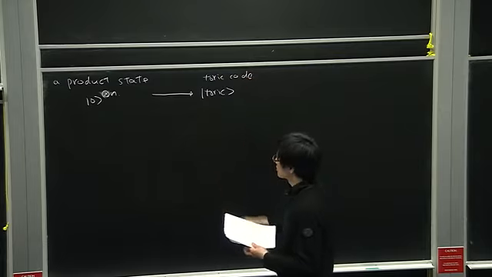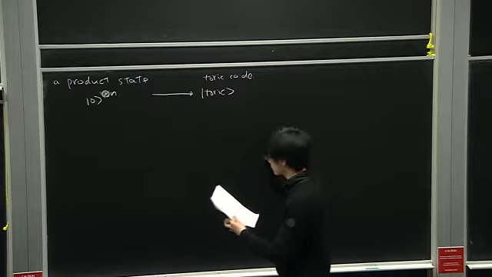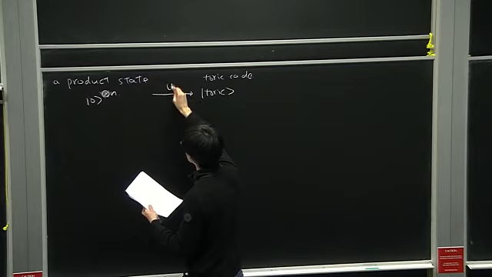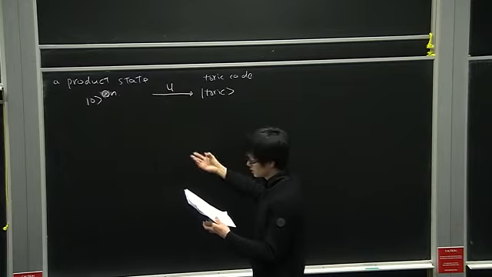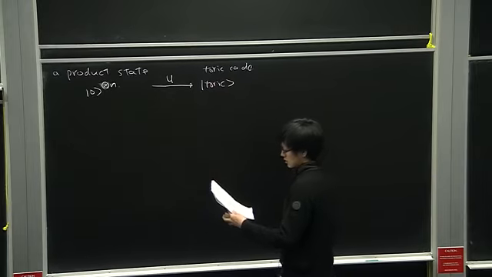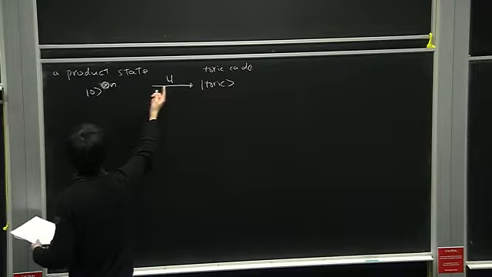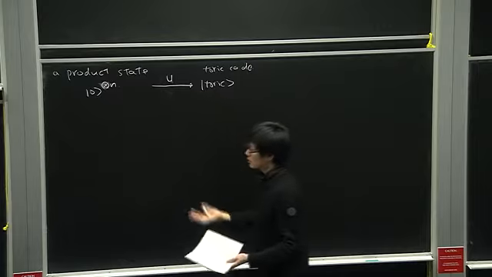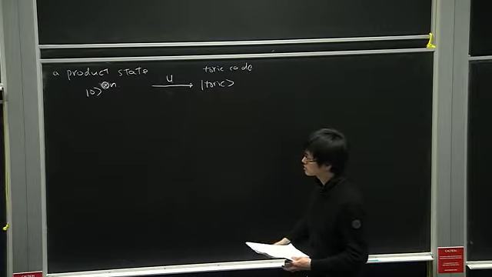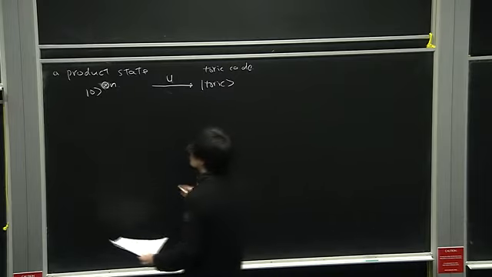Then how difficult is it to reach the toric code ground state from the zero state? And obviously there is some unitary operator, but we want to ask how complicated it is. And in today's lecture, we are going to show that this unitary operator is very complicated in the sense that you need actually order L steps.